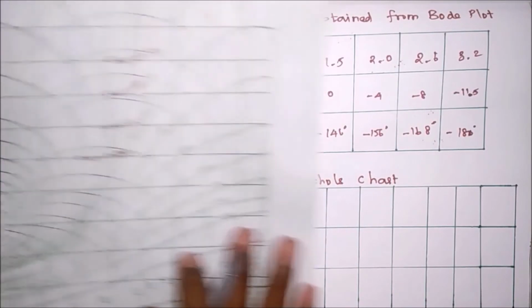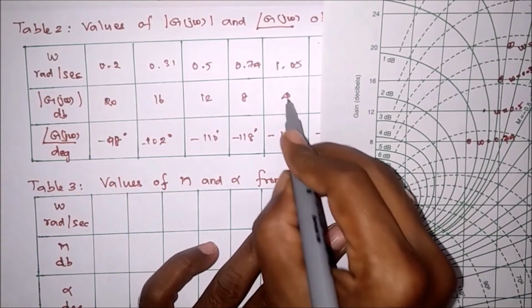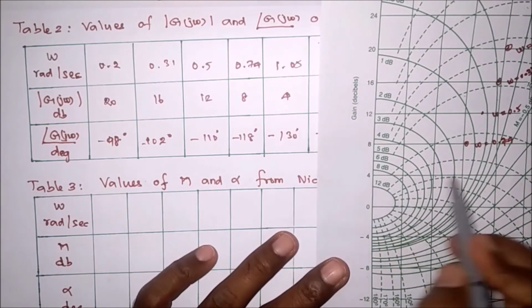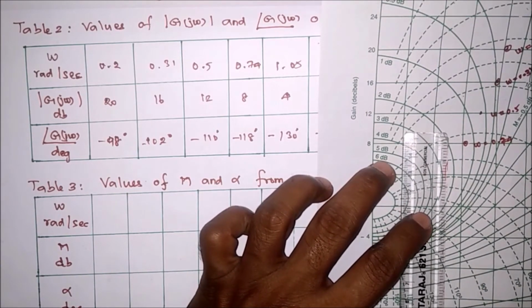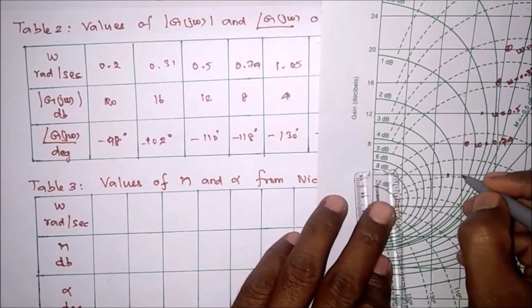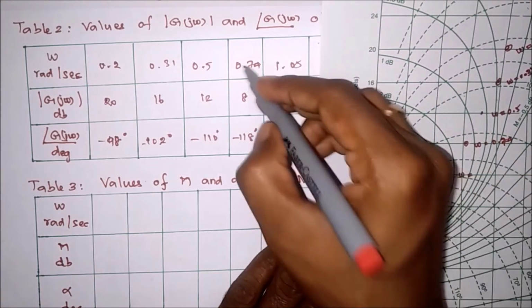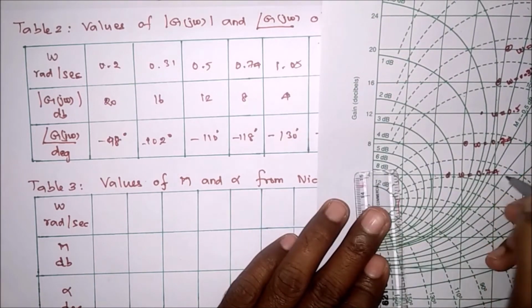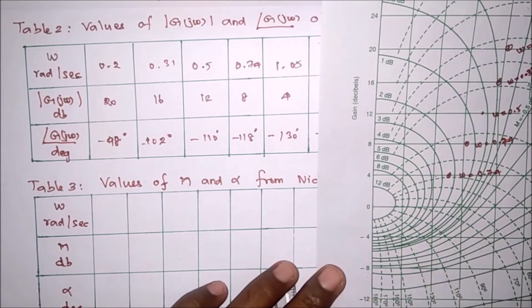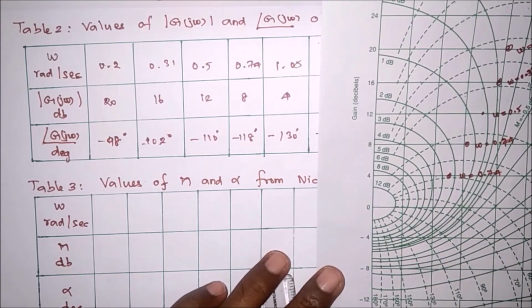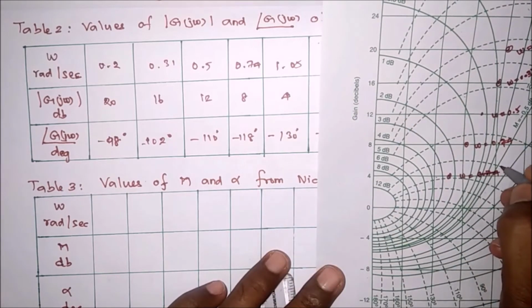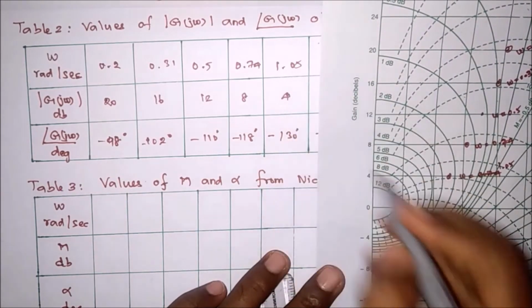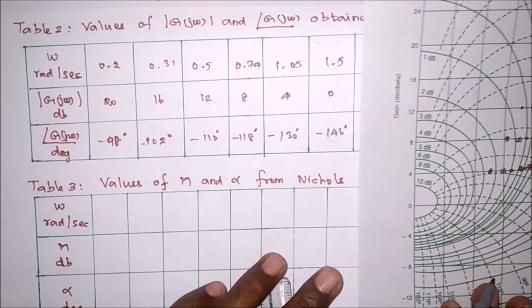Then next, the next value is 4, then minus 130. This is the 4, and minus 130 is in the middle. So this is the middle, then 4. Now at this point omega equal to 1.05, for 4, minus 130.